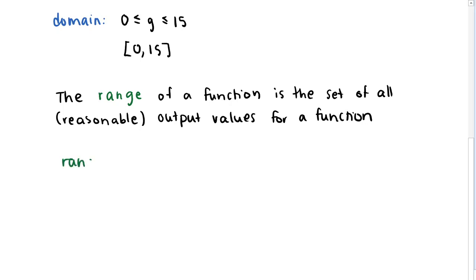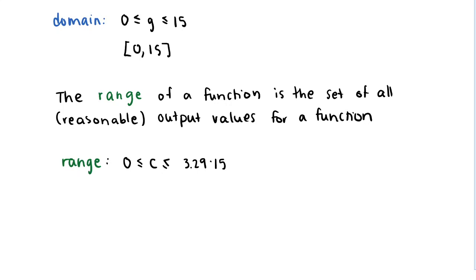So the range, the set of outputs we can get from this function, falls between, well, it's going to cost at least $0. But it's not going to cost more than whatever 3.29 times $15 is.